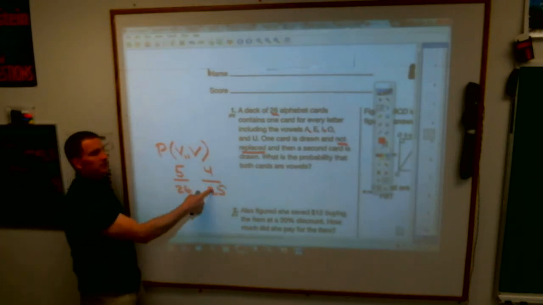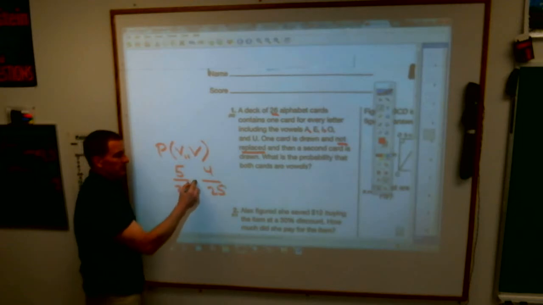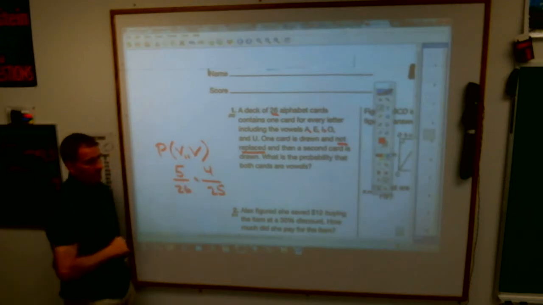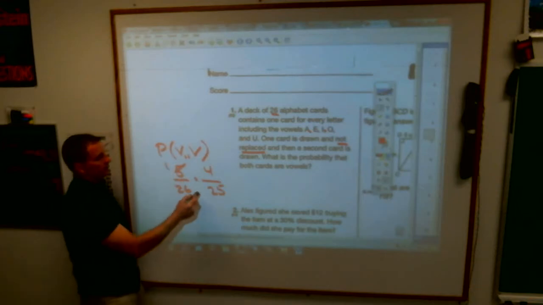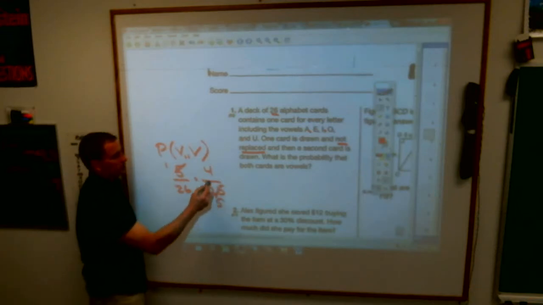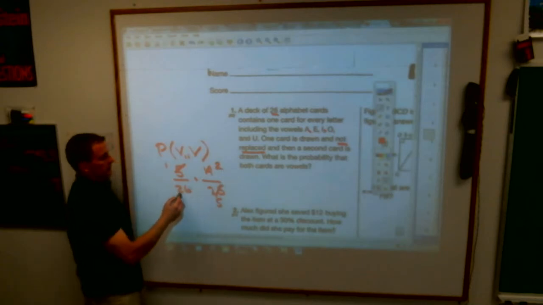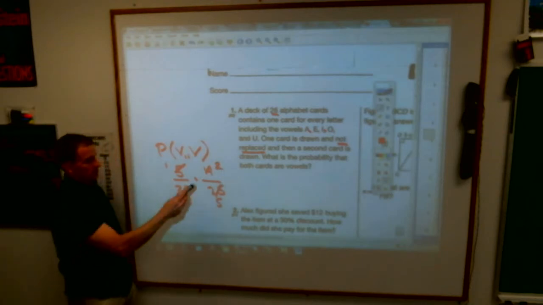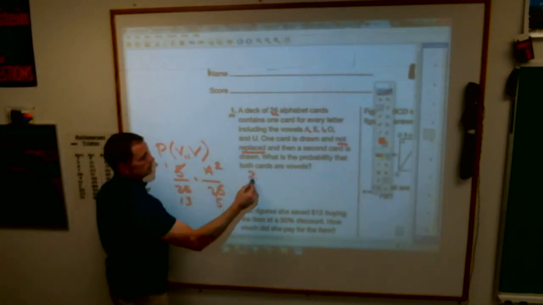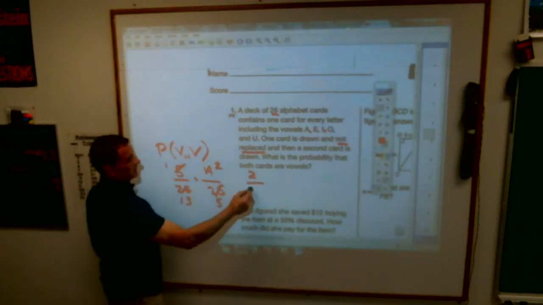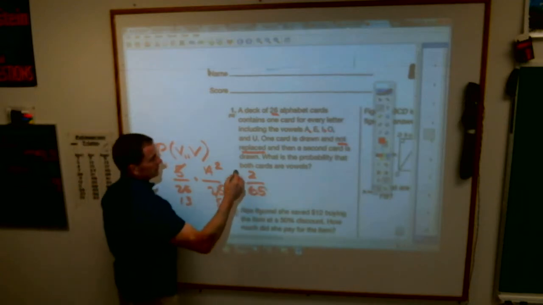Probability that they both happen together is that multiplied together. And through a series of cross-canceling here, 5 goes into 5 once, 25 5 times, into that twice, into that 13 times. 2 times 1 is 2, out of 5 times 13, 65.